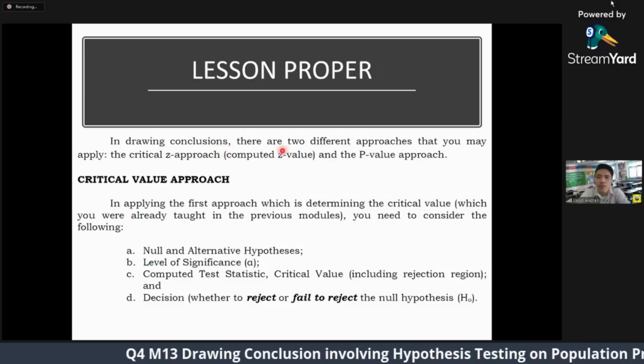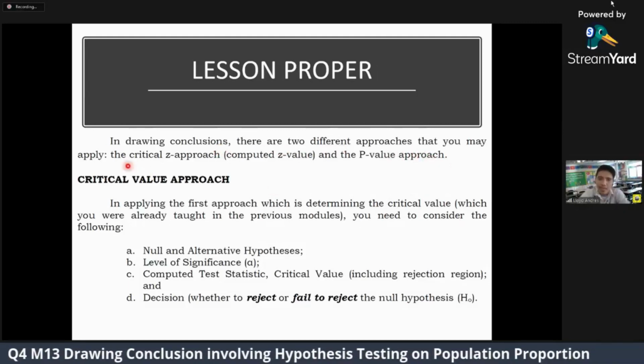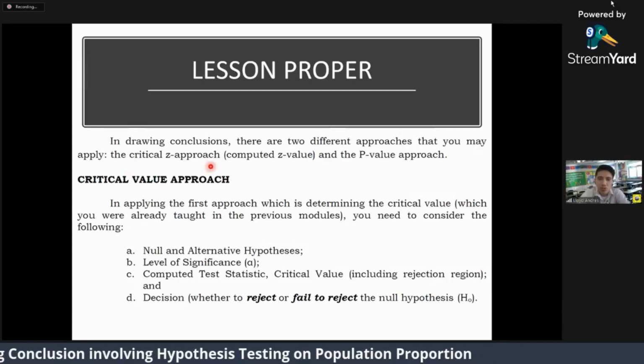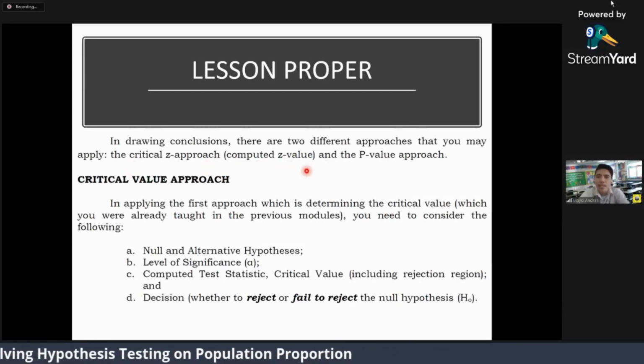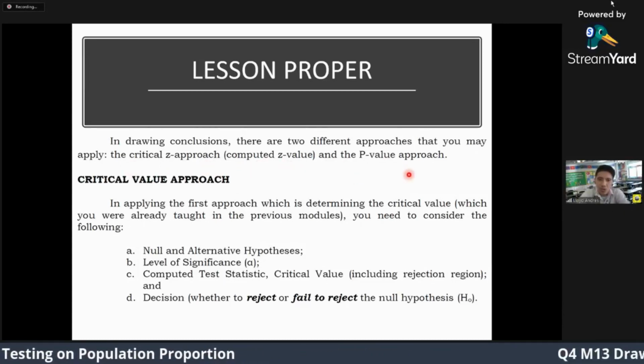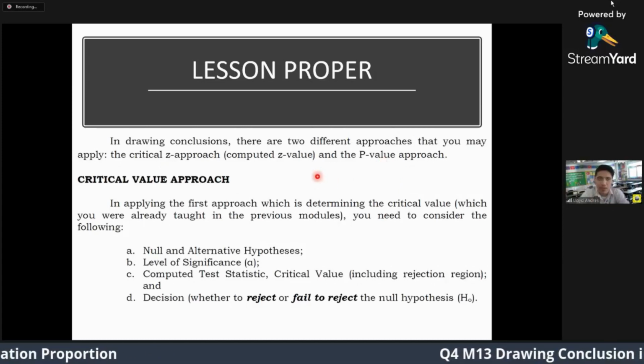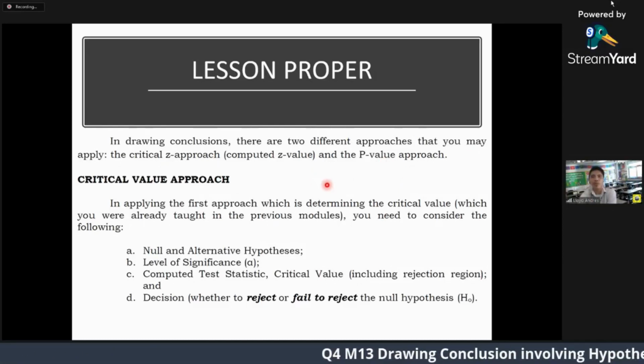there are two different approaches that you may apply. The critical Z approach, or using the computed Z value, and the p-value approach. Usually, ang atong na-discuss previously katupang sa population mean pang hypothesis testing, critical value approach.